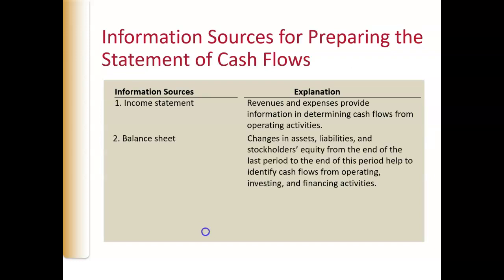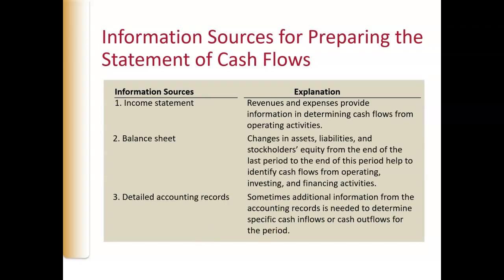So, in order to prepare this statement of cash flows, we want some information from the income statement, from the balance sheet, and some detailed records, accounting records. But a lot of what we're going to see is the income statement and the balance sheet.